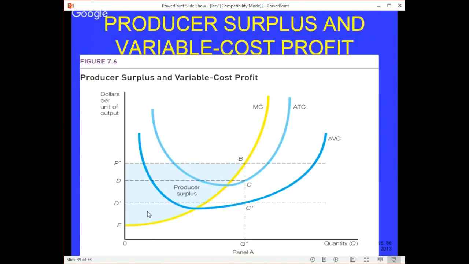So here it is. Can you guys see the shaded area? That shaded area is below price, but above the firm supply curve, and that is producer surplus. This area right here.